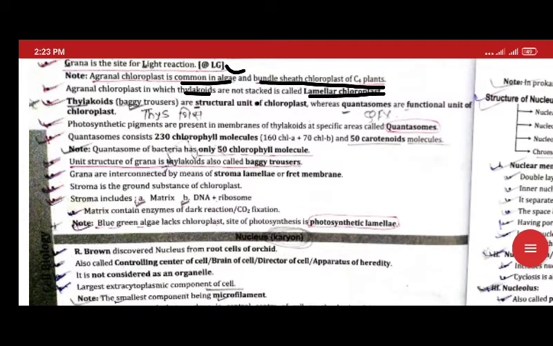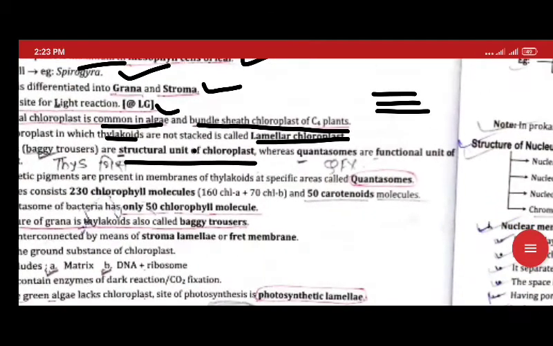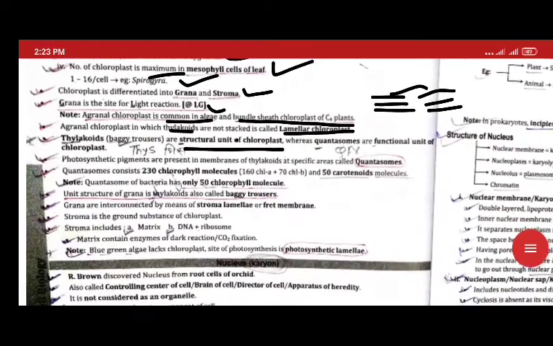Now thylakoids are the structural unit of chloroplast, and it is like this; this is called thylakoid. These two thylakoids are connected by a membrane called photosynthetic lamella.